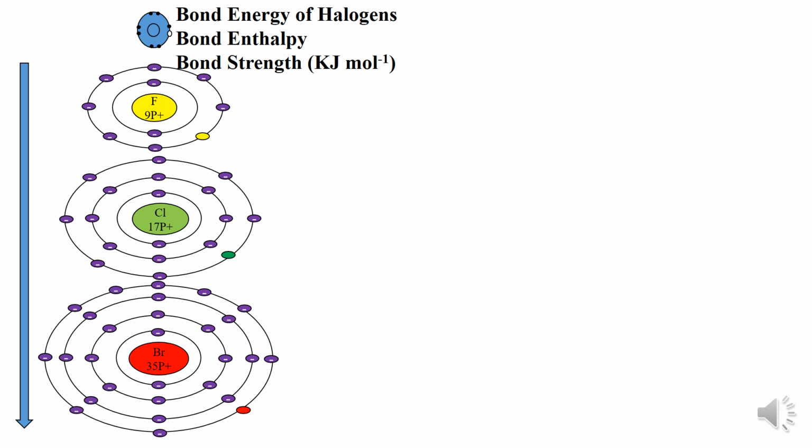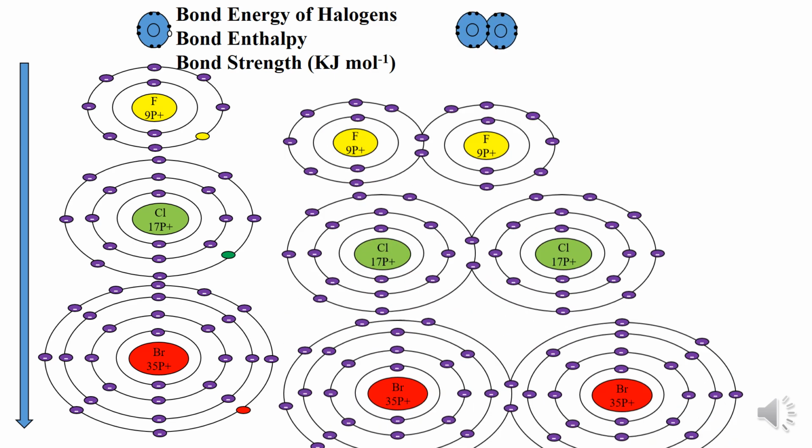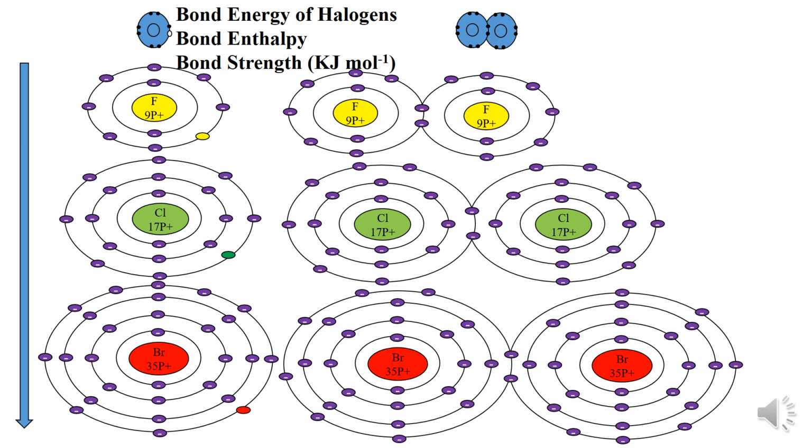Here is the electronic structure of the halogens in the elemental form, and here is the electronic structure of halogens in the molecular form. Remember, halogens exist as diatomic molecules by mutual sharing of an electron pair between the atoms involved in bond formation.